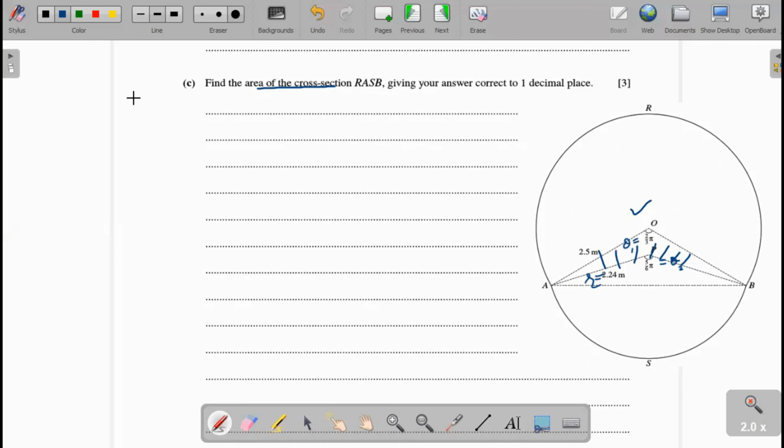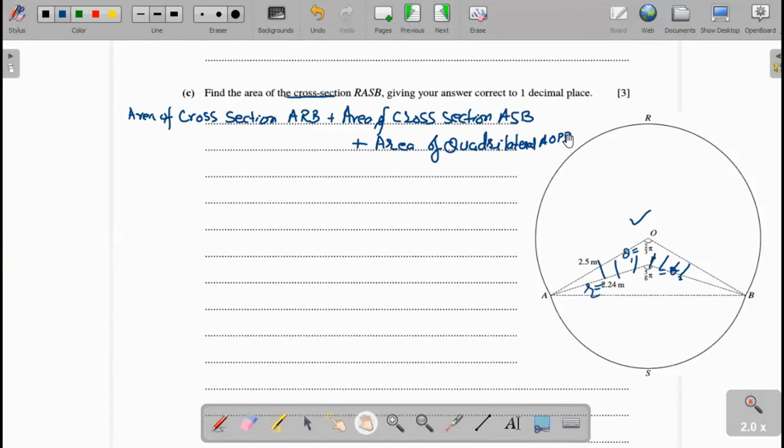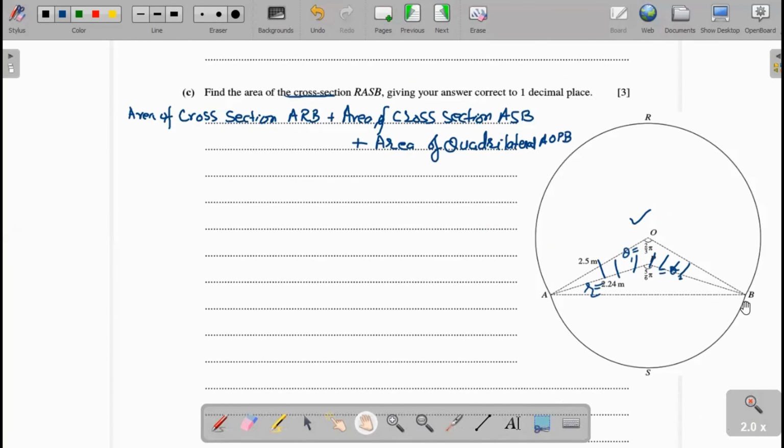Now firstly we write the cross sectional area. It is equal to area of cross section ARB plus area of cross section ASP and the area of quadrilateral AOBP.